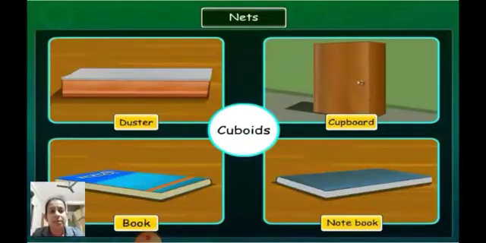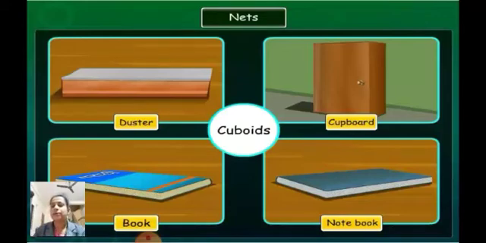A book is also a cuboid. A notebook is a cuboid. A toothpaste box is a cuboid, and so on. All these are made out of rectangles. In the two-dimensional plane, there are 6 rectangles which are folded along definite lines to form the three-dimensional objects called cuboids.